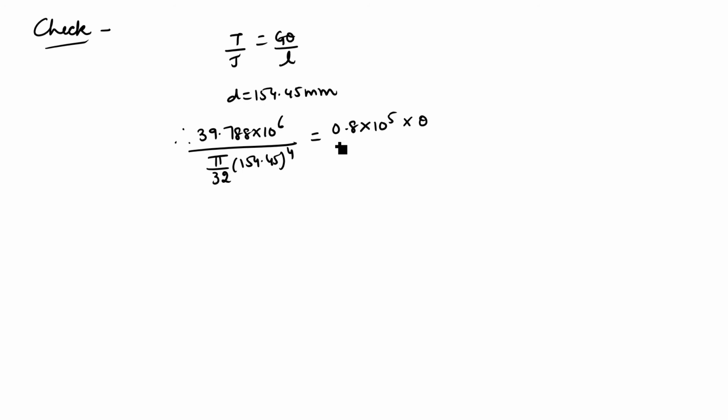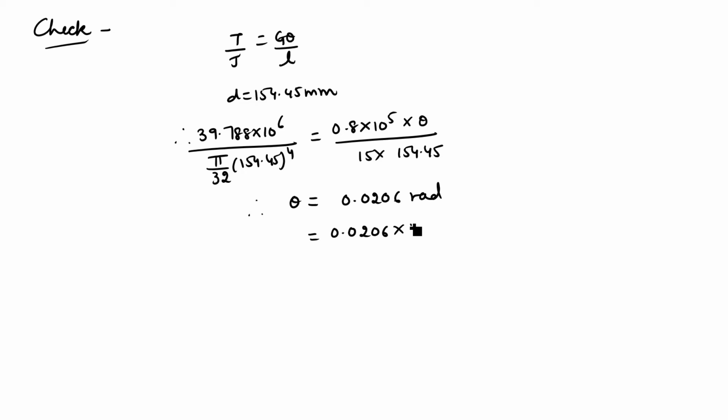Theta is what I'm trying to calculate, and L is 15 into D. D is 154.45. When I substitute, I get theta as 0.0206. This is in radians. I have to convert into degree, so it will be multiplied with 180 by pi. I get the value as 1.1817 degree of theta.